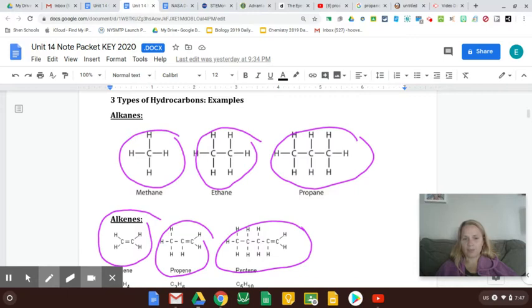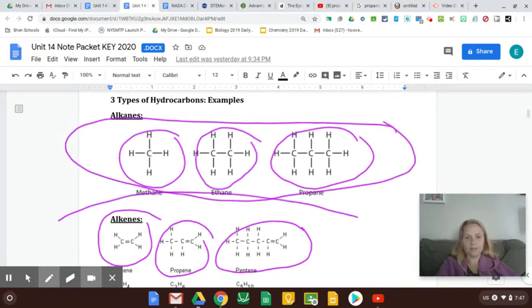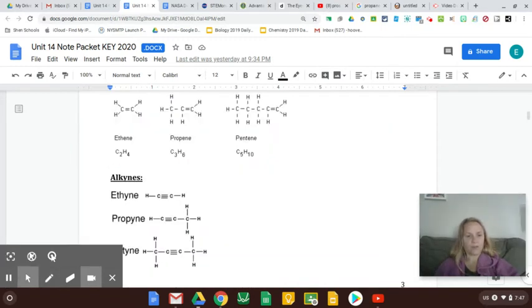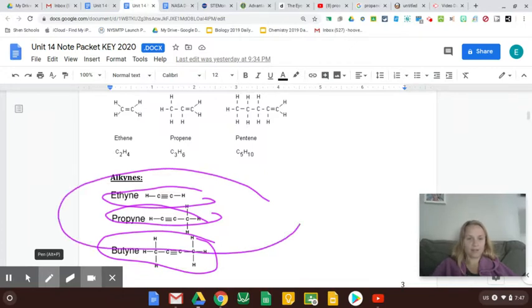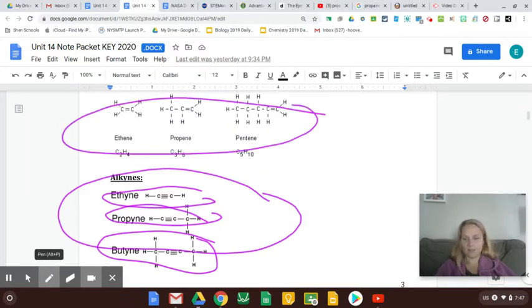Looking at the picture, what makes these alkanes and these alkenes? And then here's alkynes: ethyne, propyne, butyne. Looking at the picture, what makes these alkynes and these alkenes and the other one alkanes? And you can certainly see the naming, the endings.